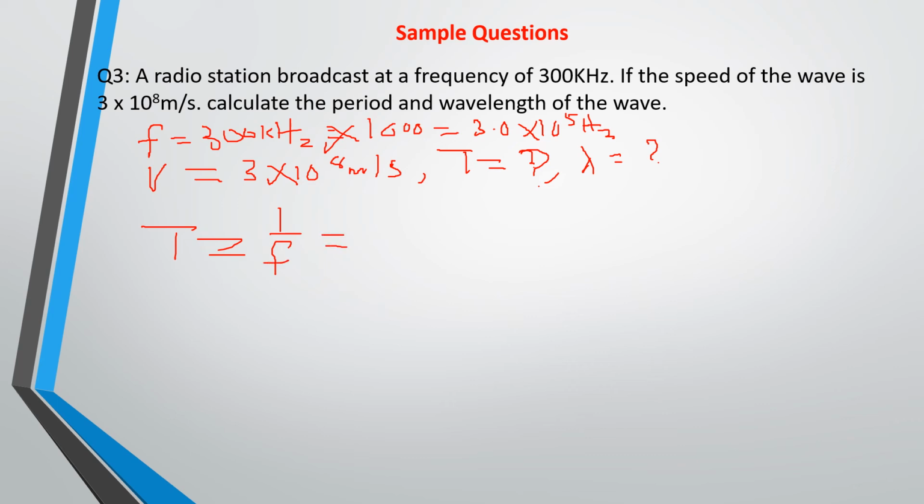So just substitute into this one. So your period is 1 all over 3 times 10 raised to the power 5. By the time you calculate that, you will have your period. So when you work that out, you have period is equal to 3.3 times 10 raised to the power minus 6 seconds.